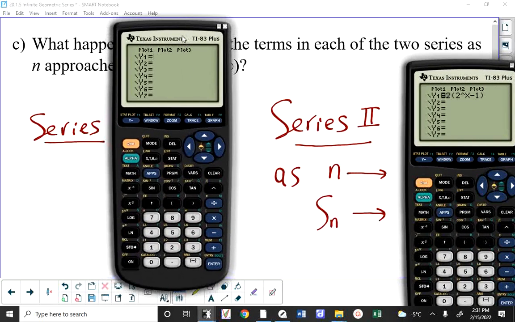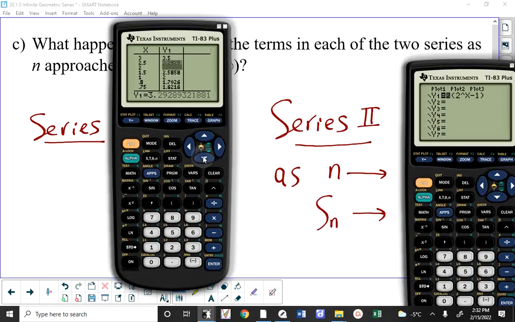In this calculator I'm going to put the formula for series 1, and I'm going by memory, but I believe it was 2 times 0.5 to the n minus 1, and then divided by negative 0.5. Am I right?